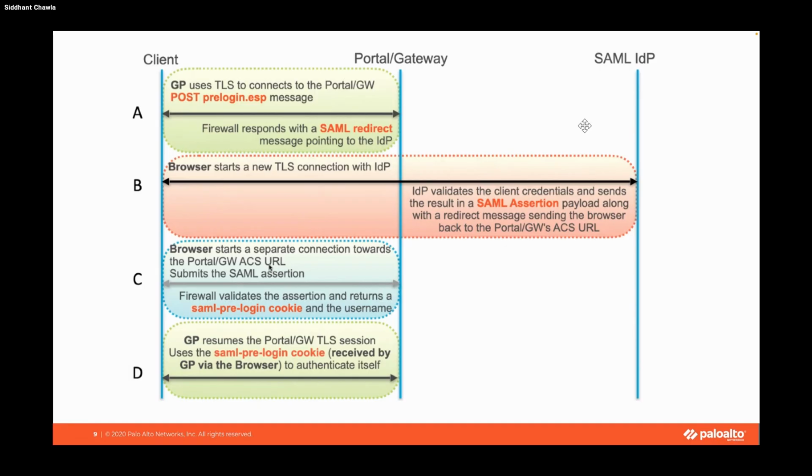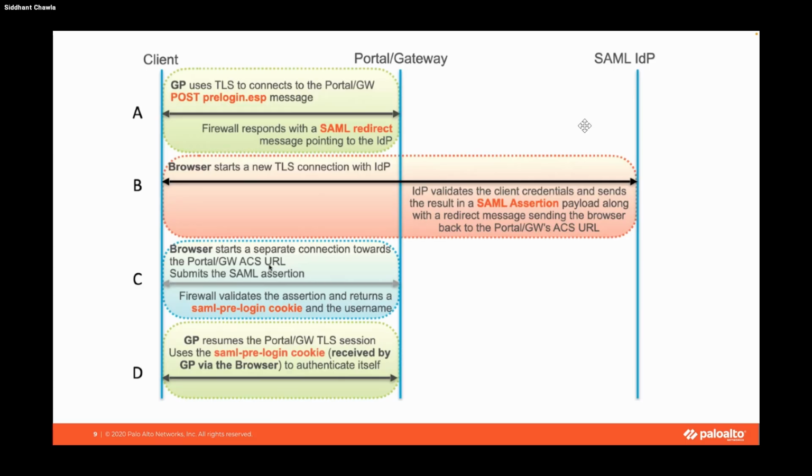Here, the IDP will validate the client credentials and send the result in a SAML assertion payload along with a redirect message, sending the browser back to the portal gateway's ACS URL. The browser will start a separate connection towards the portal gateway ACS URL and submit the SAML assertion. Once the firewall receives the SAML assertion, it will validate the assertion and return a SAML pre-login cookie and the username.